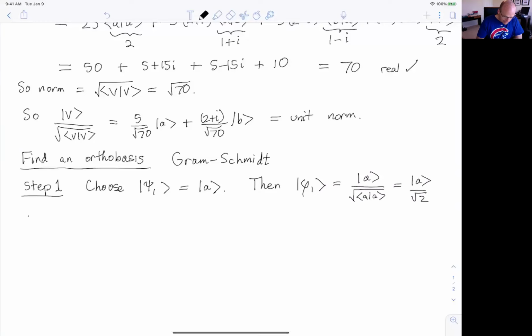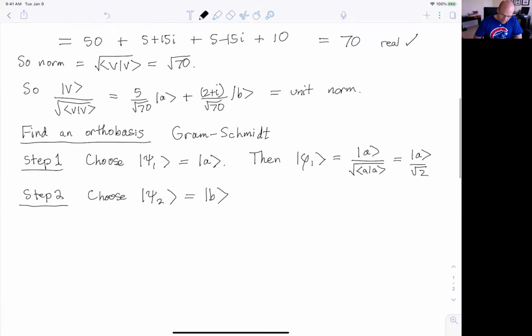And now we go to step 2. At each step, what you do is you choose another one of your vectors. So this time, the only thing left is B. We'll choose that. On one of the homeworks, you have a dimension 3 one, so you have a choice, but you should just choose them in the order given, I think is the easiest thing.